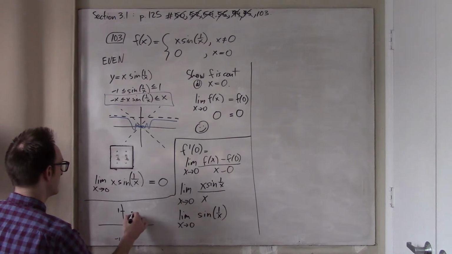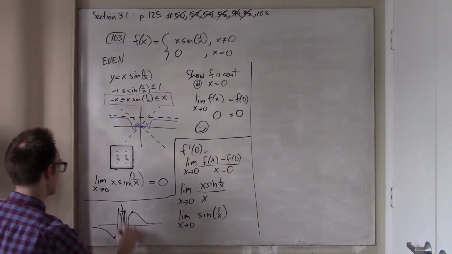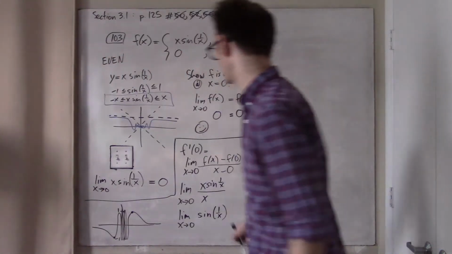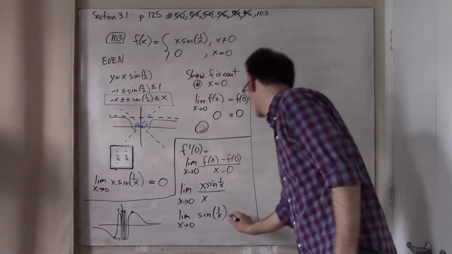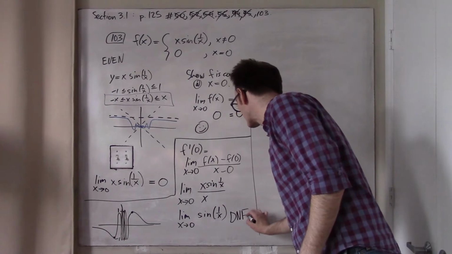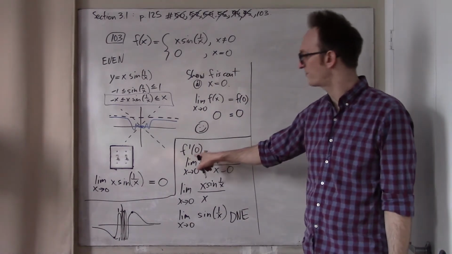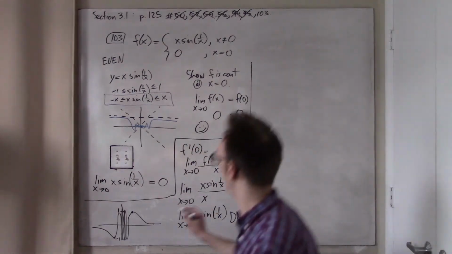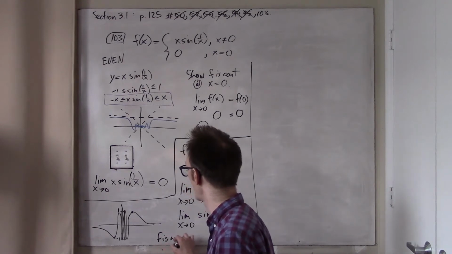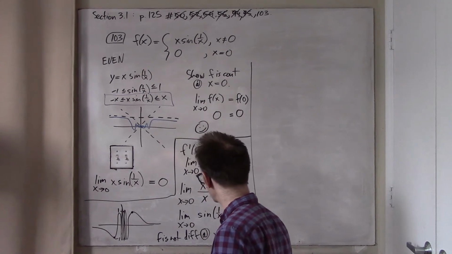Its end behavior is 0, and it comes up and down, and then near 0 it just goes insane. So this is a function which is infinitely oscillating up and down between -1 and 1 near 0, and so this limit does not exist. And since the derivative of f at 0 is a limit, the conclusion is that f is not differentiable at x equals 0.